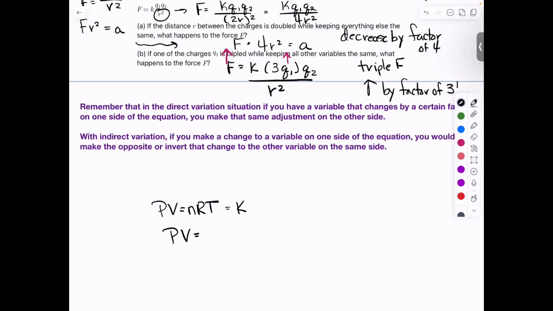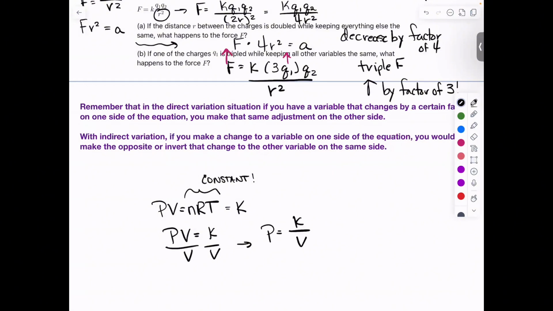I'll just call that constant K. So this entire part, in this particular scenario, is not going to change. We can declare that, and I'll just define it as K, and P equals K over V.